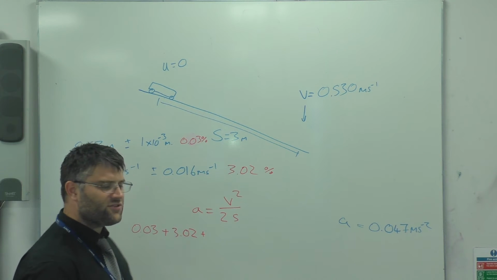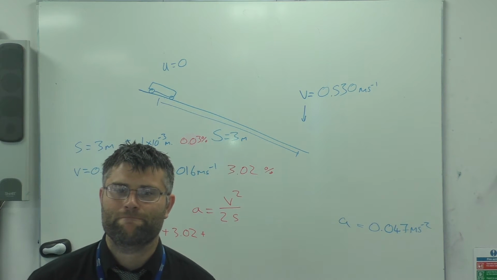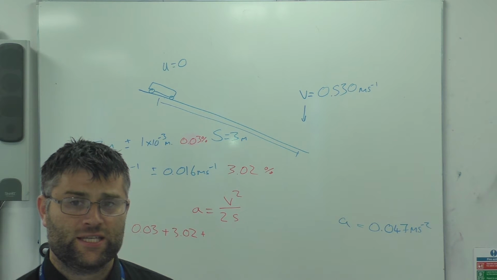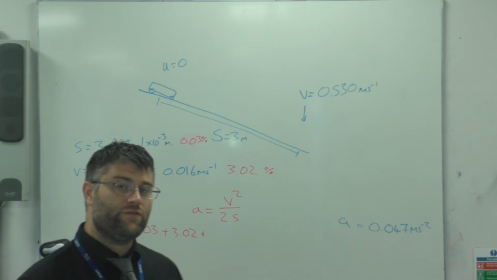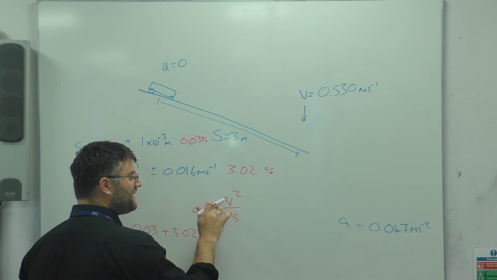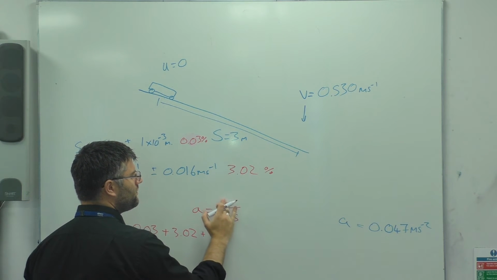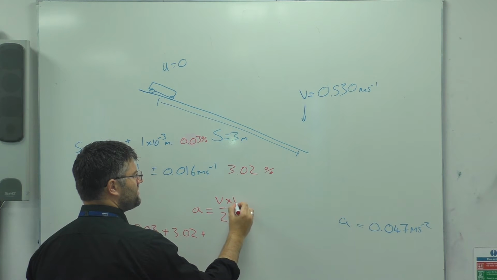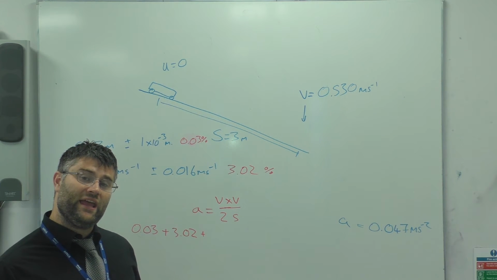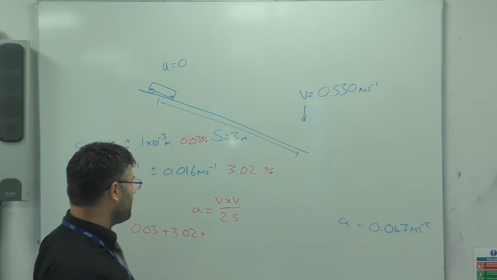Now there's something else that has an uncertainty here. See if you can guess what it is. Have you guessed? Right. For those of you who've worked it out, v squared technically means v times v, which means there's 2 v's in this calculation.